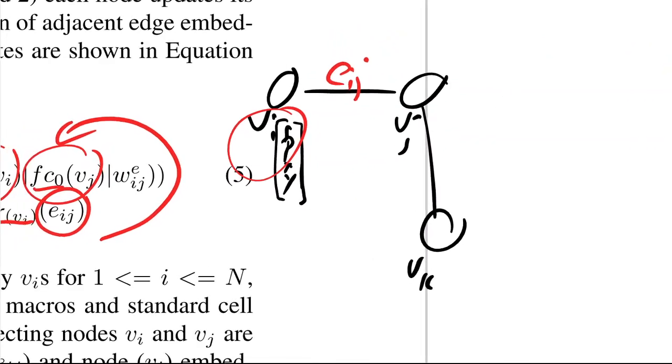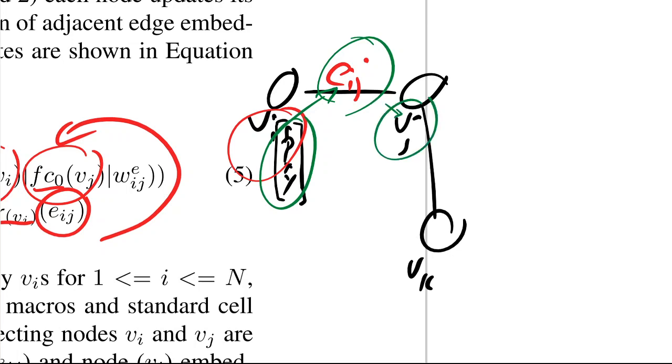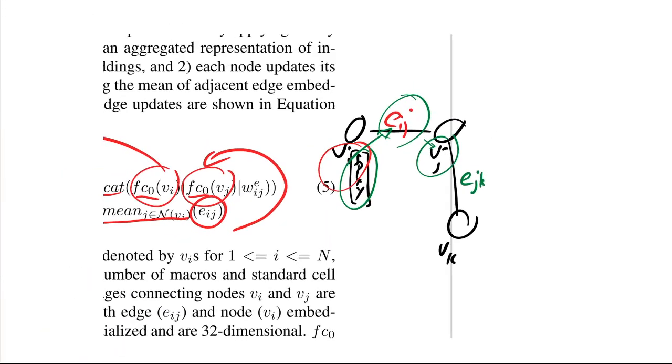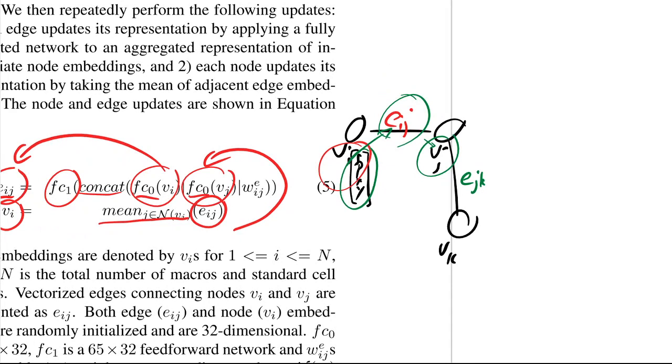Right? So this means that information can now propagate through the graph. So information from this thing propagates into this edge embedding, and then in the next step, that will propagate into this, and then that can propagate into this EJK. And this is the same as if you're used to something like conditional random fields.